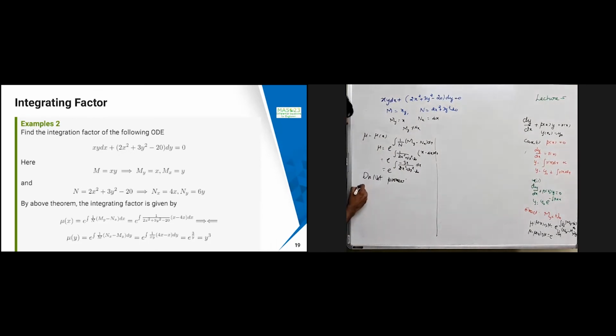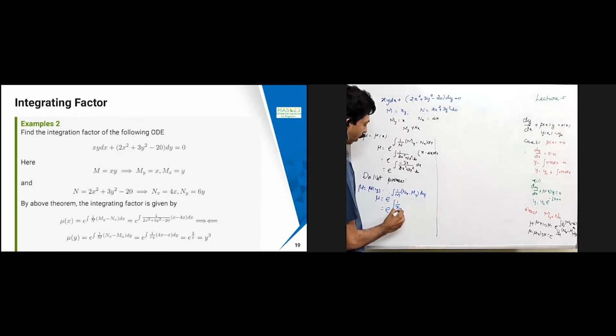Now I am going to take mu equal to mu of y, the second case. In that case mu is going to be e power integral 1 by M into (Nx minus My) dy. So e power, 1 by M is 1 by xy, into Nx minus My, which is 4x minus x, dy.